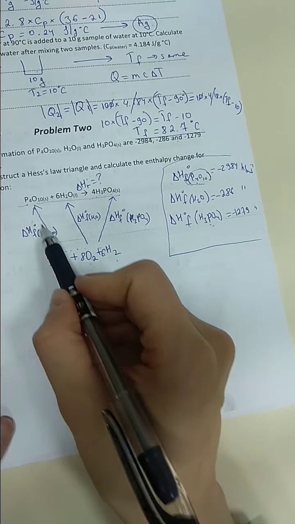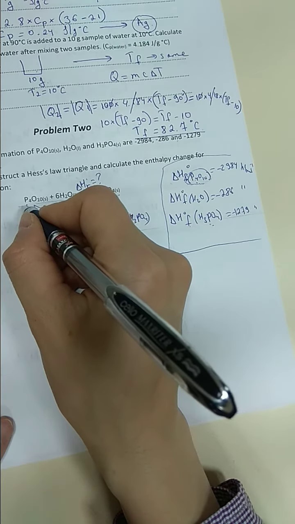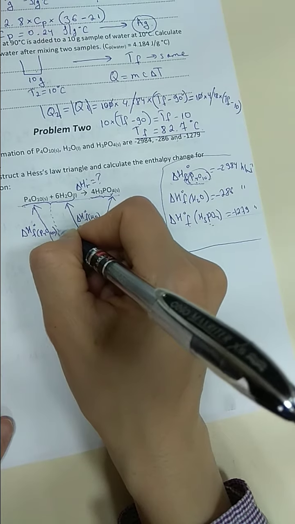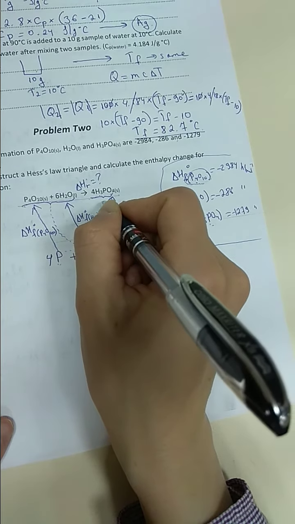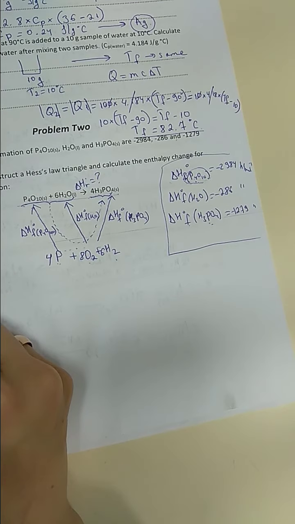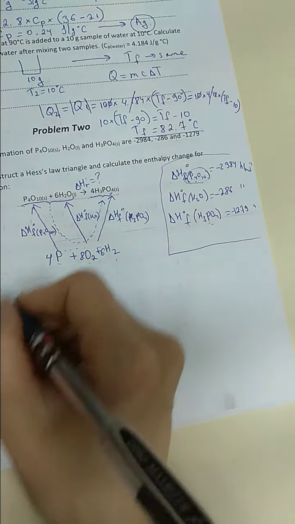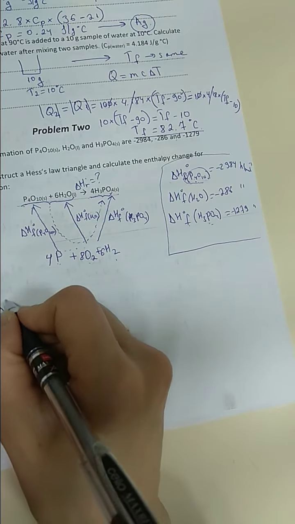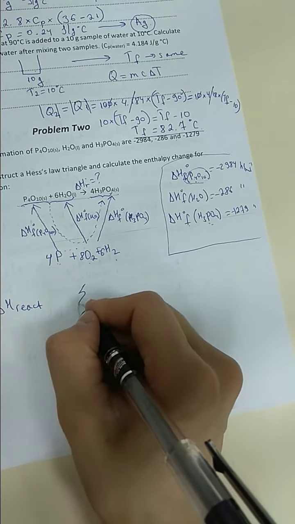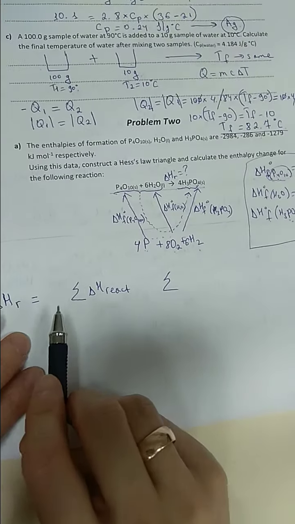Because I'm forming a substance, I'm going from elements to the substance. And my main arrow will always go from the reactant side to the product side. This is my main arrow here. To find delta H of reaction, I just follow the direction of the arrows. Delta H of reaction equals the sum of all delta H of reactants and products.